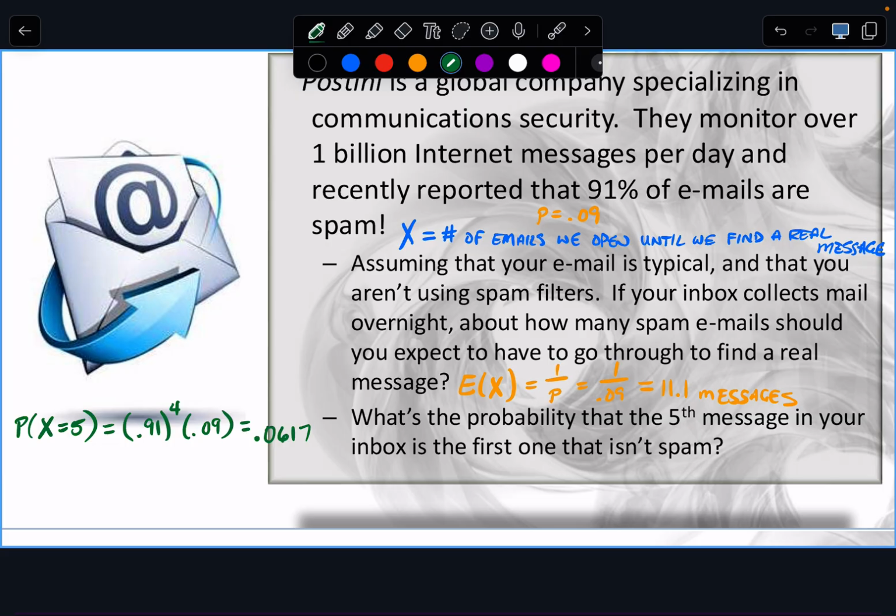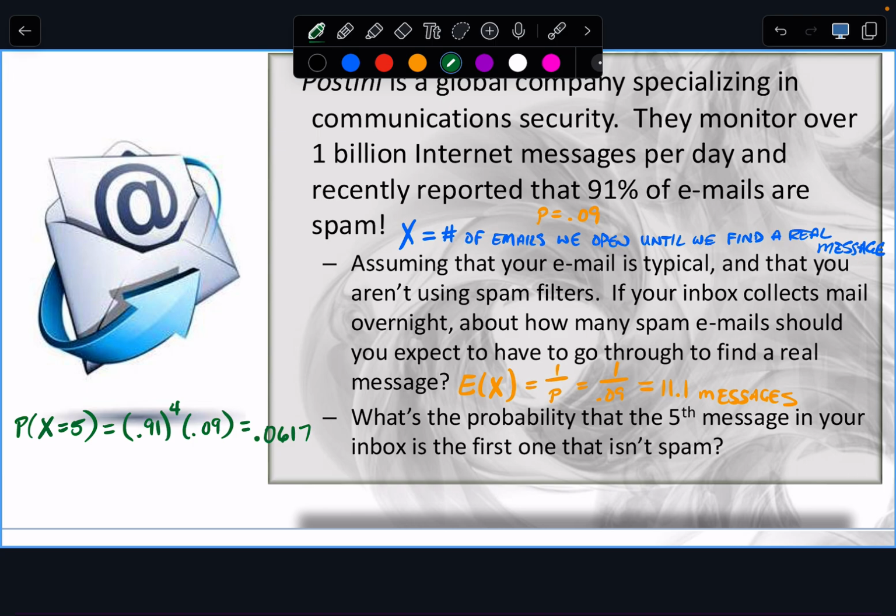Now, just like yesterday then, I can use the formula, and with this geometric model, if I'm looking for an exact percentage, this formula is actually pretty simple, pretty easy to plug in and do. I typically use the formula for a situation like this, okay? But just like yesterday, we do have a function on the calculator that'll do this as well.